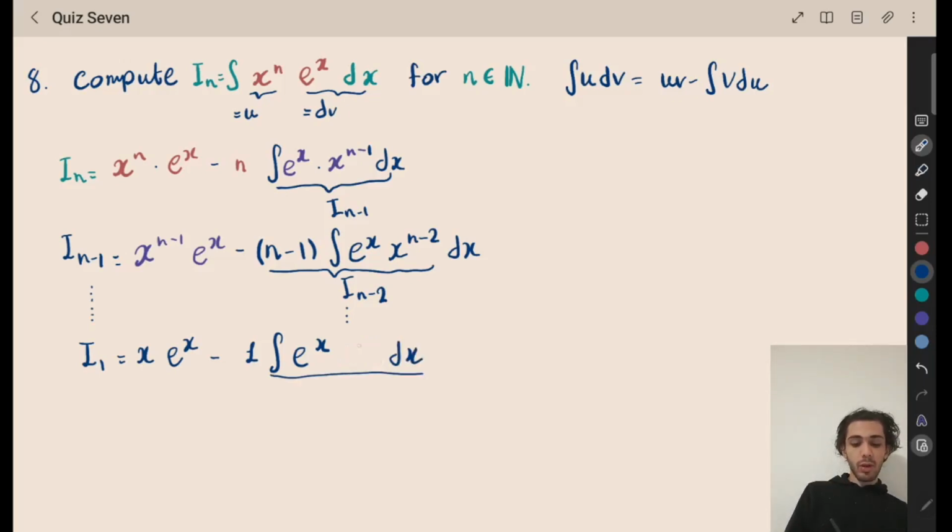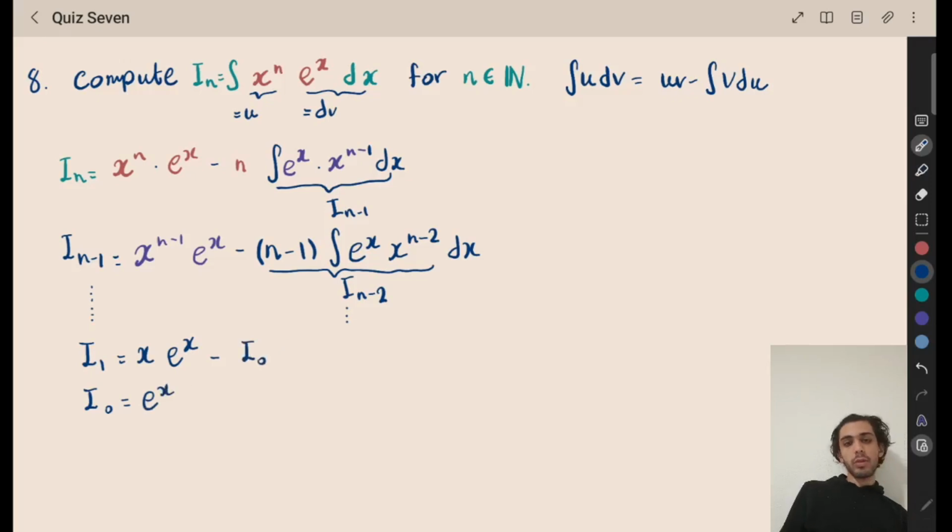Then this is something we know how to compute. The integral of e to the x is just e to the x. And of course, I_0 is precisely e to the x. But I will just write e to the x because that is nice.